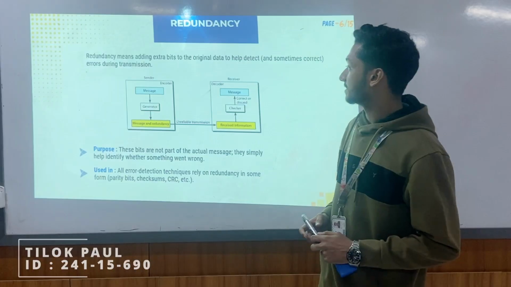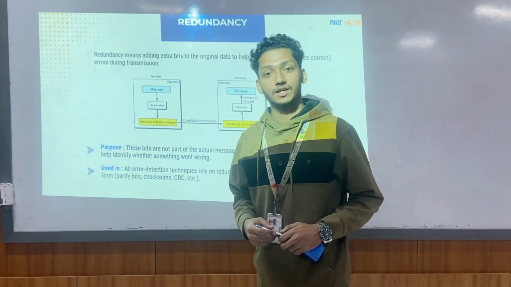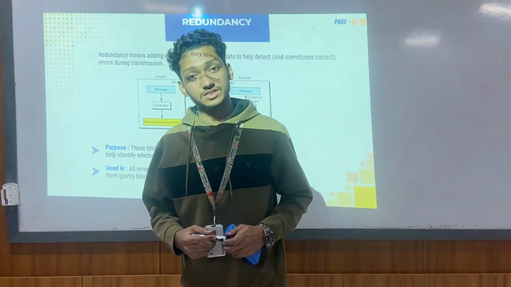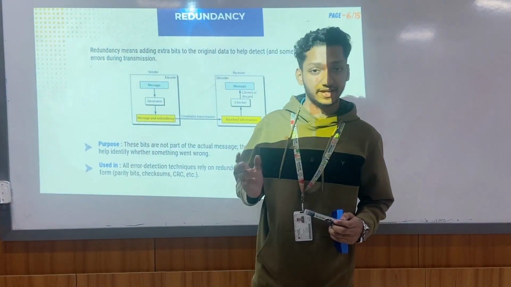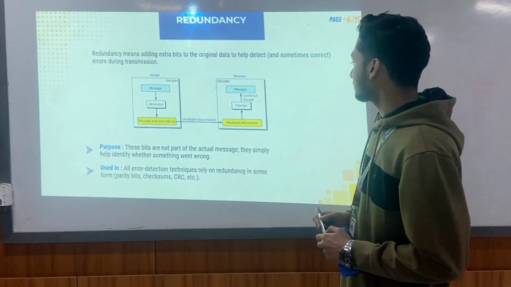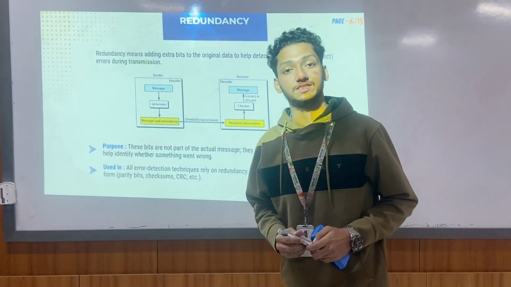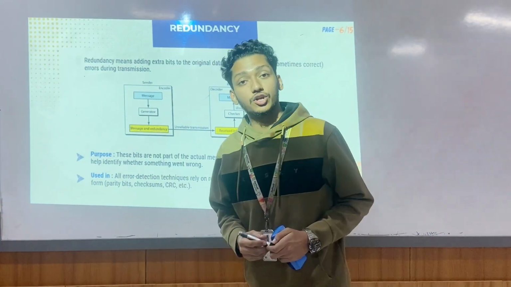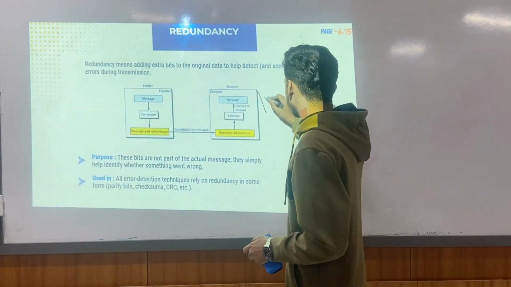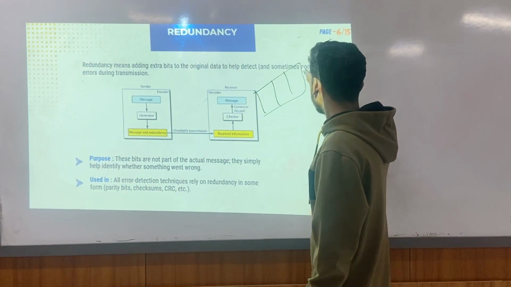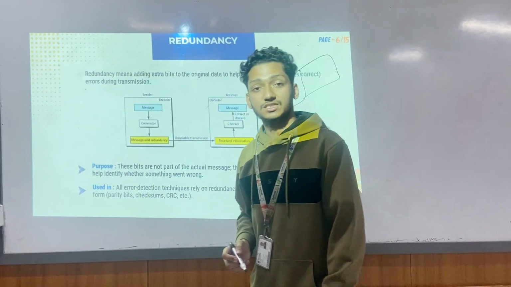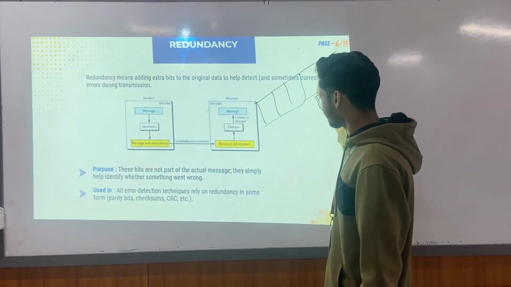Let's talk about redundancy. Redundancy is not a technique of error detection. It is a concept used by these techniques. Redundancy means adding extra bits to our existing message to detect errors. Like if this is our message, then adding extra bits to our existing message is redundancy.